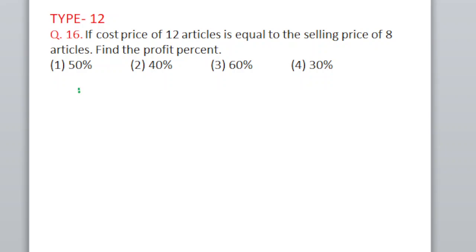Let CP of one article be rupees 1. CP of 8 articles is equal to rupees 8.